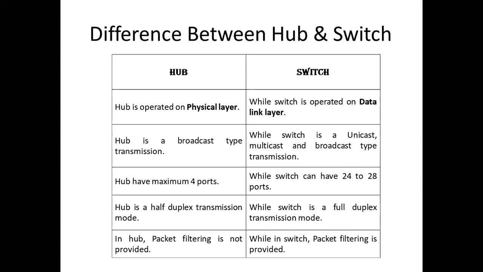In general, packet filtering is a firewall concept which helps to prevent viruses or worms from entering the system. This feature is not enabled in a hub, whereas this feature is possible in a switch. So these are the basic differences between a hub and a switch.